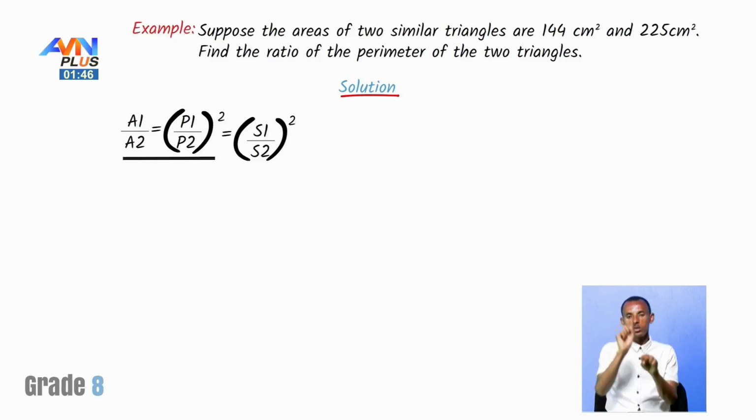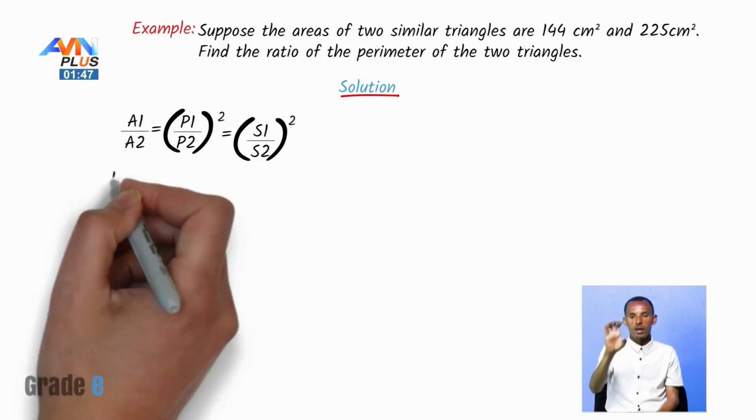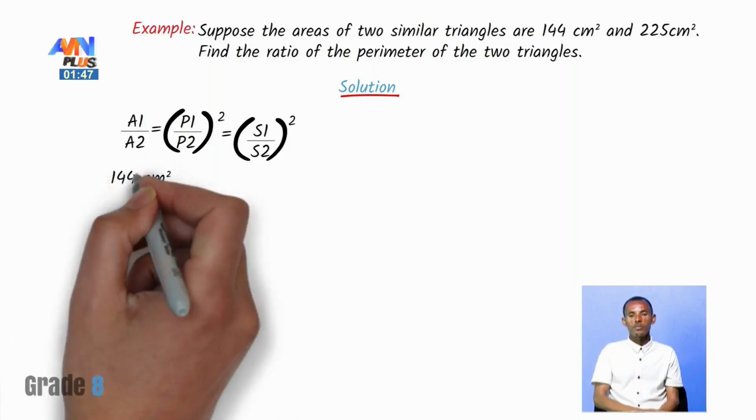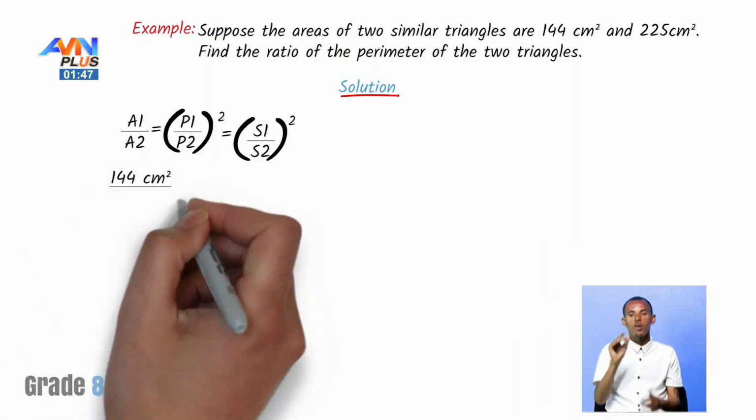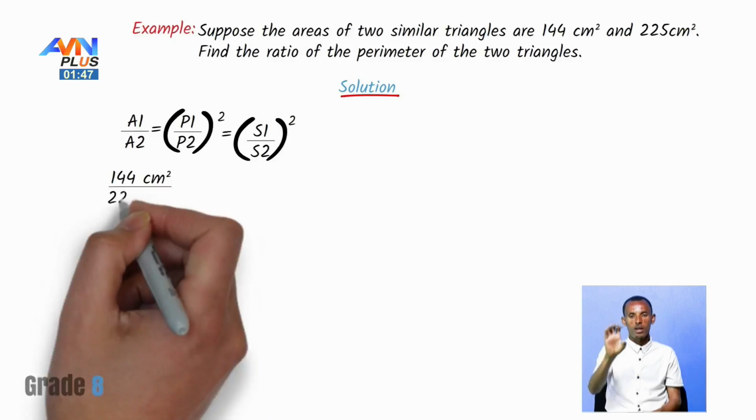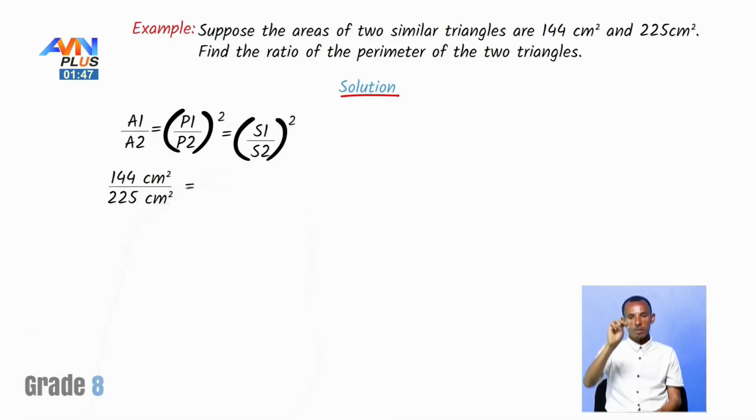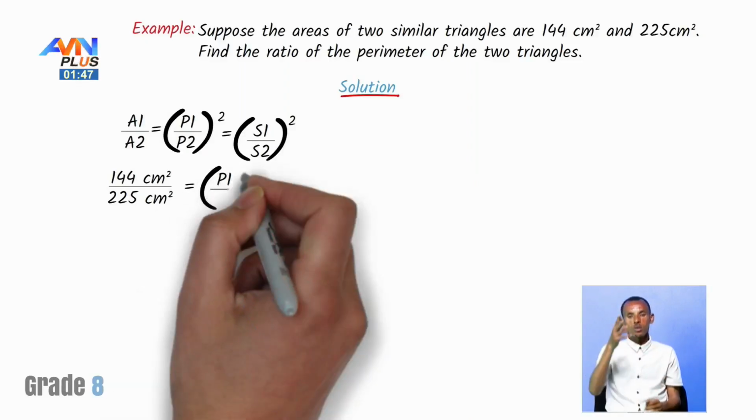So area one is 144 centimeters square, and the second area is 225 centimeters square. This must be the same as P1 by P2 the whole square, right?